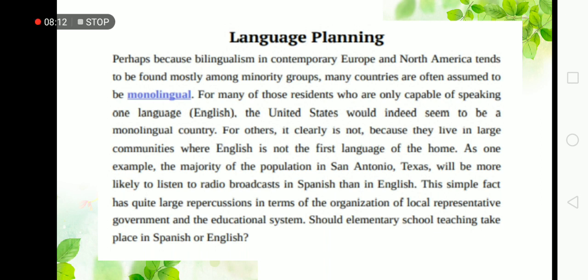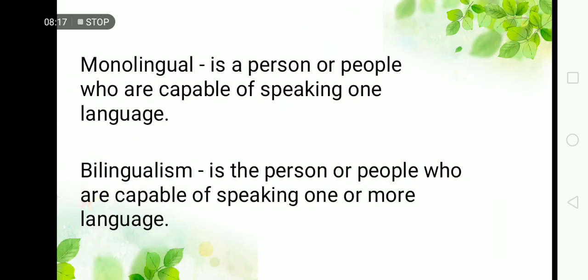So, language planning has two types, the monolingual and the bilingual. Monolingual is a person or people who are capable of speaking one language. So, monolingual means a person has only one language that they know.